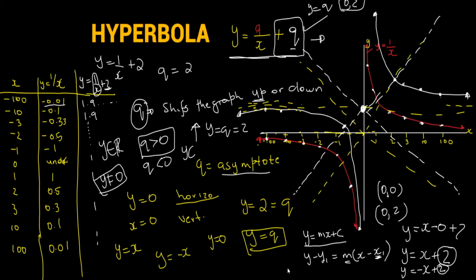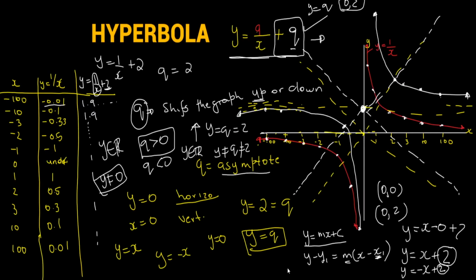You also will have y is the element of real numbers, but y cannot be equal to your asymptote, which in this case is equal to 2. So y cannot be equal to 2. And that's it. So the value of q is very important. It just changes everything we spoke about. Not really change the concept, but it's changing the values. So you should take note of that.